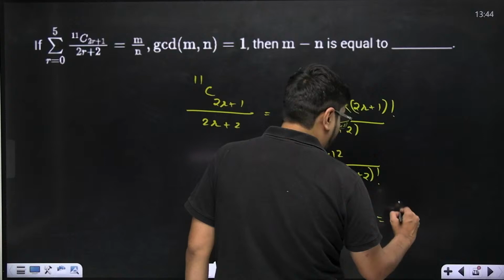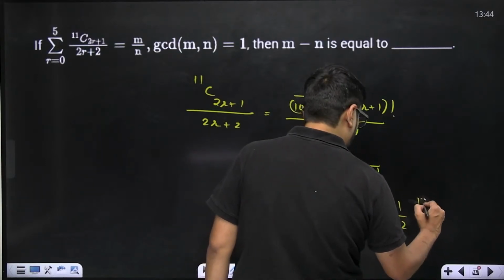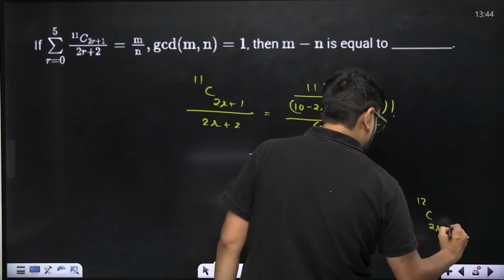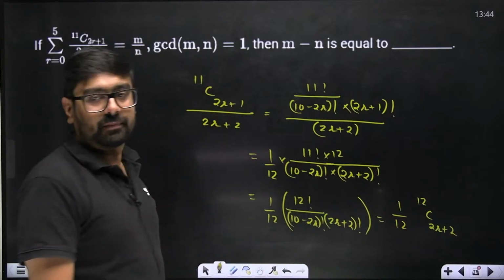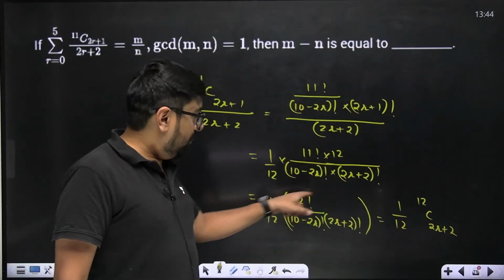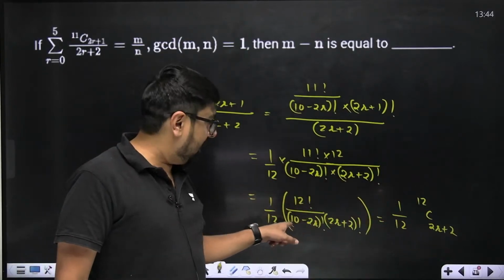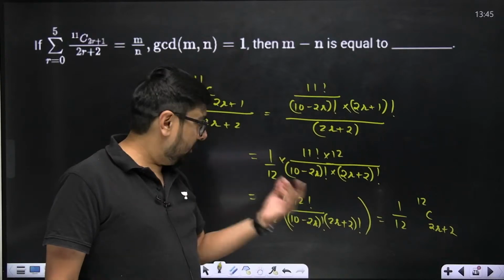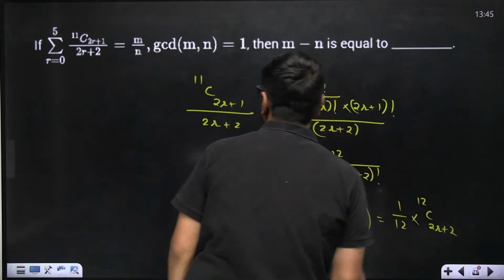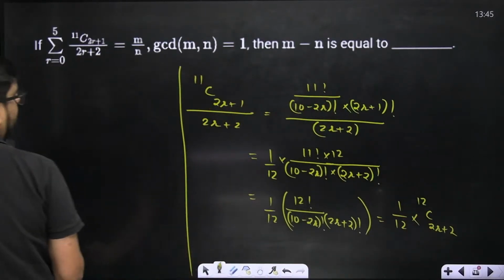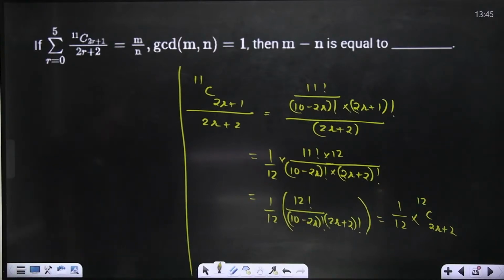This is nothing but 1 by 12 multiplied with 12C(2r plus 2). Check. Correct? 12 minus (2r plus 2) will be again 10 minus 2r. Getting my point? This only is important over here.